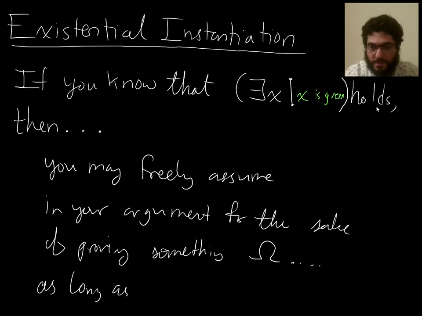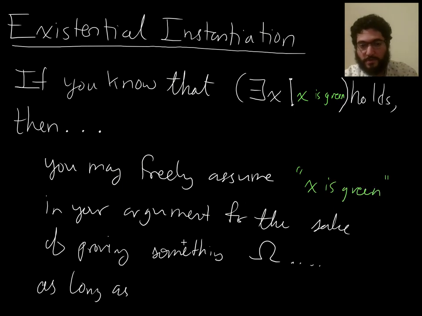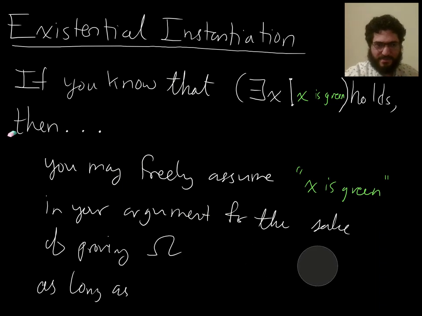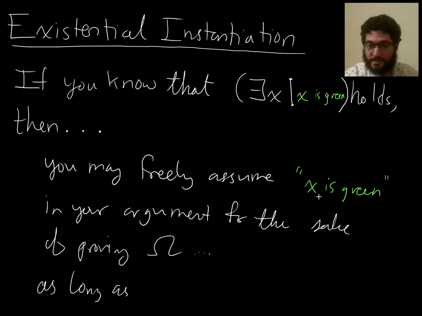So if you know that something is green, if you know that statement holds, then you may freely assume x is green in your argument for the sake of proving some other statement, omega. This is as long as the variable x was not previously used for anything.